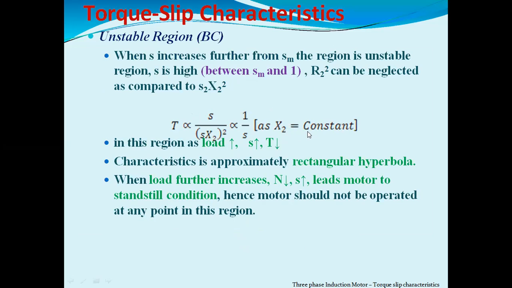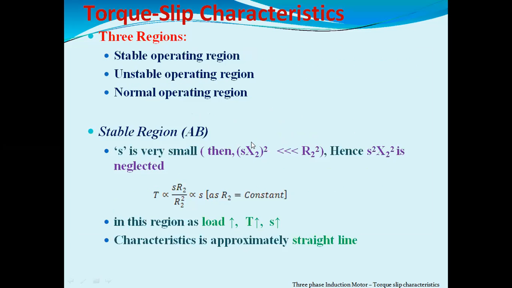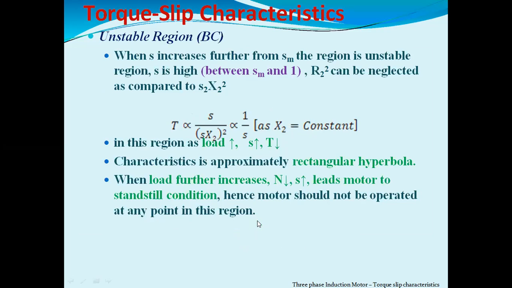In this region, if the load increases, the value of S will increase. In the stable region, as S increased, torque increased, but here the value of torque will decrease, because torque is inversely proportional to the slip.